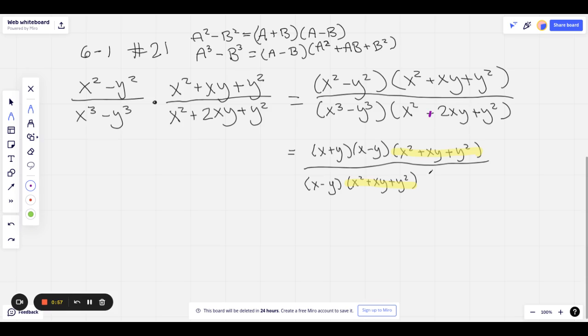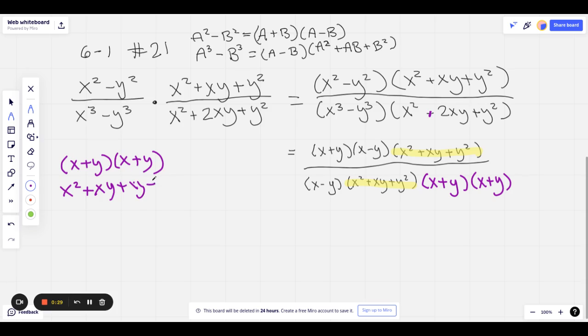So it's going to be x plus 1y times x plus 1y. If this doesn't look like something you would know, I would probably take a guess at that, right? And then if I FOIL it, I'll see that this is x squared plus xy plus xy plus y squared. So that's x squared plus 2xy plus y squared.